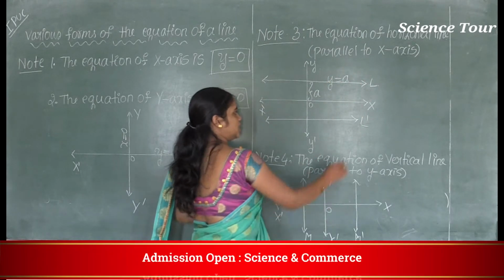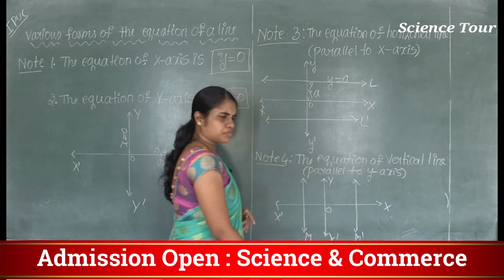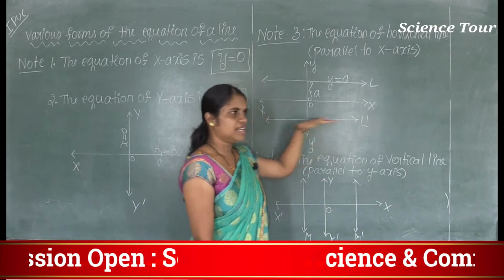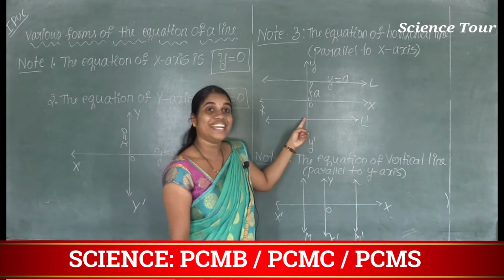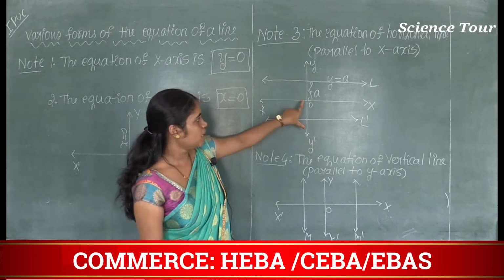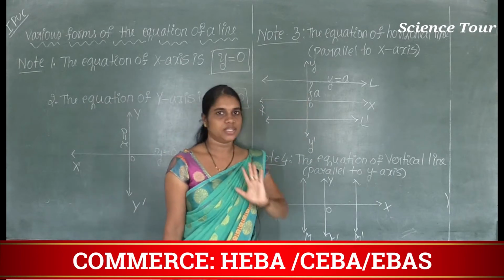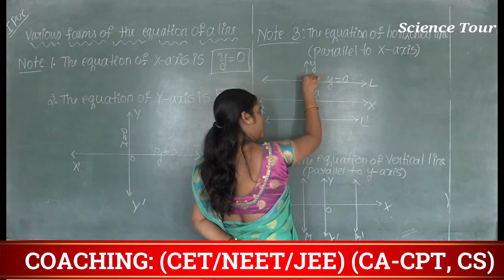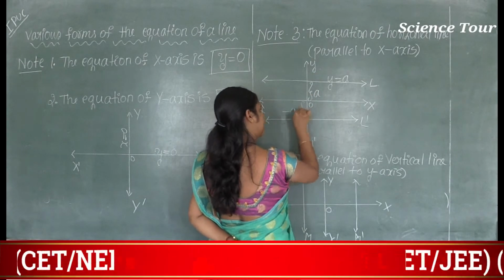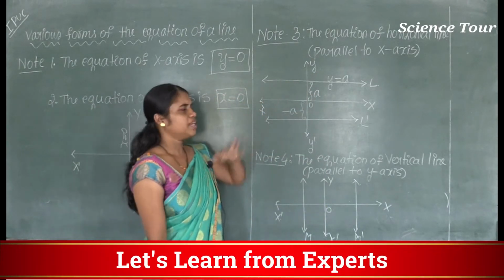So next we will consider L dash. You can observe here this line L dash is intersecting the negative y axis, isn't it? So here Oy dash is nothing but the negative y axis. Therefore, if this is OA, then what about this length? It will take a negative value. I will consider it as minus a.